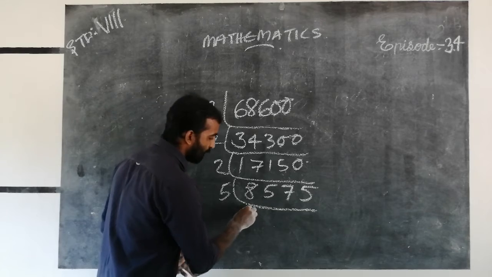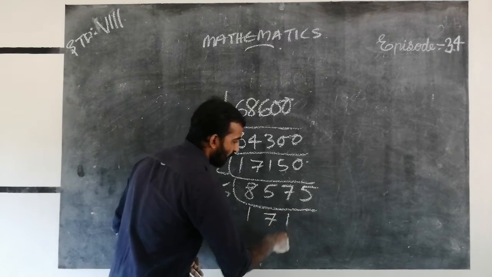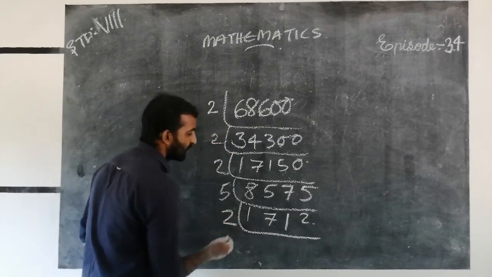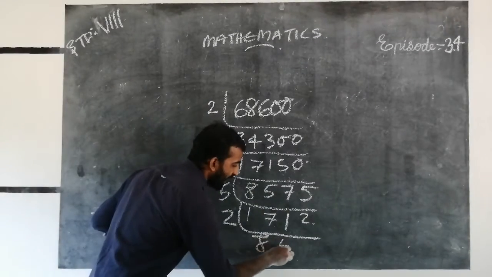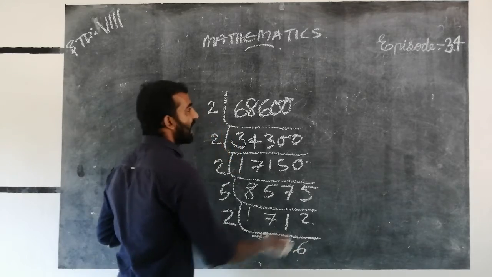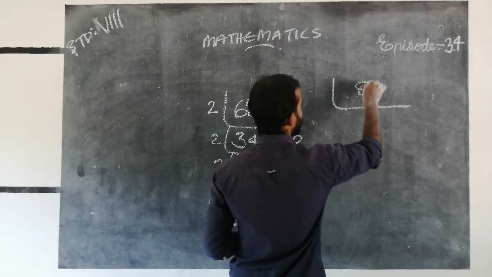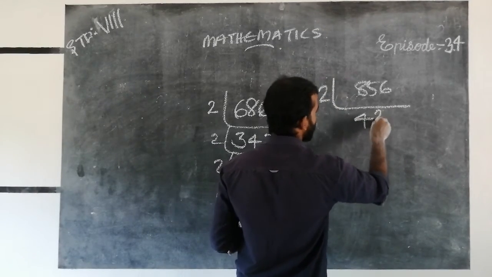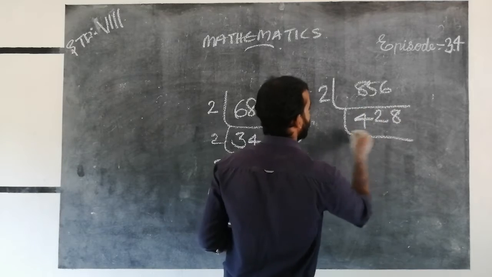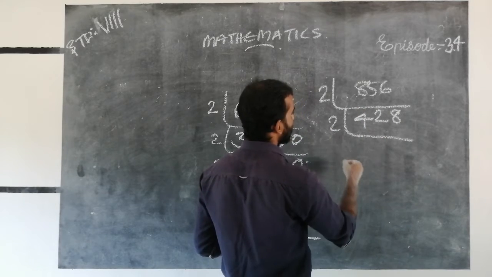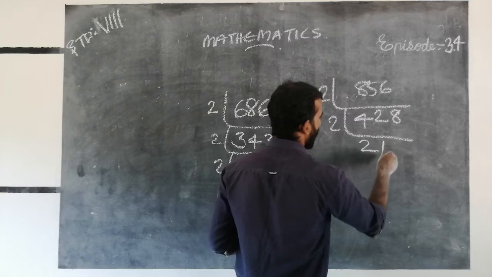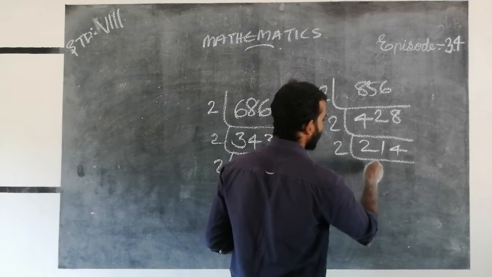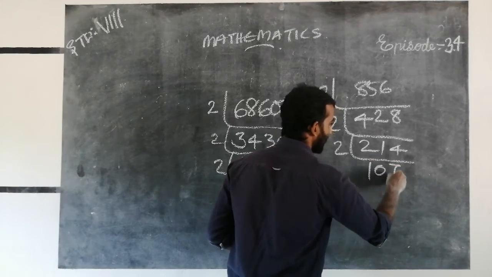So 1,715 and next we take 5, that is 343. Next we take 7.